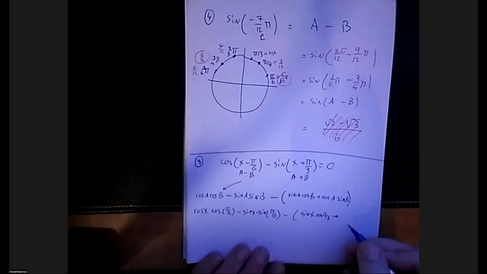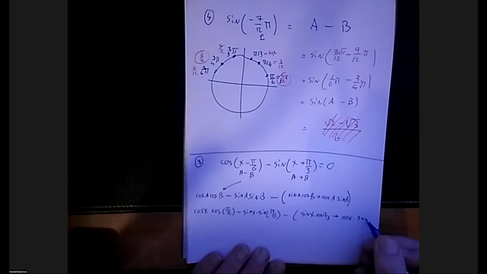And then you put this fella in and you're going to get sine X times cosine of pi upon 3, add cosine of X times the sine pi upon 3.